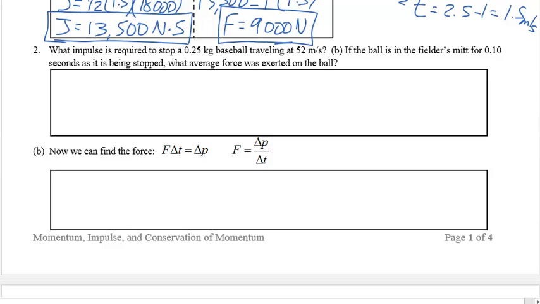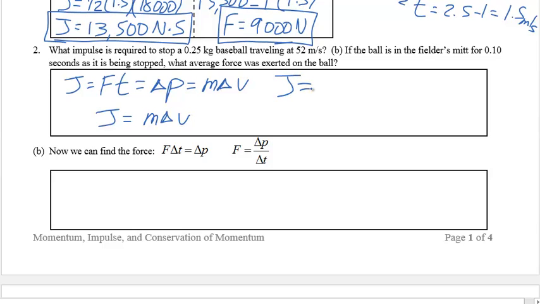So this is just a quick review of that equation. Remember that impulse is force times time. They're actually giving us the change in momentum, because the change in momentum is mass times change in velocity. So if we know the mass times change in velocity, we know the impulse.